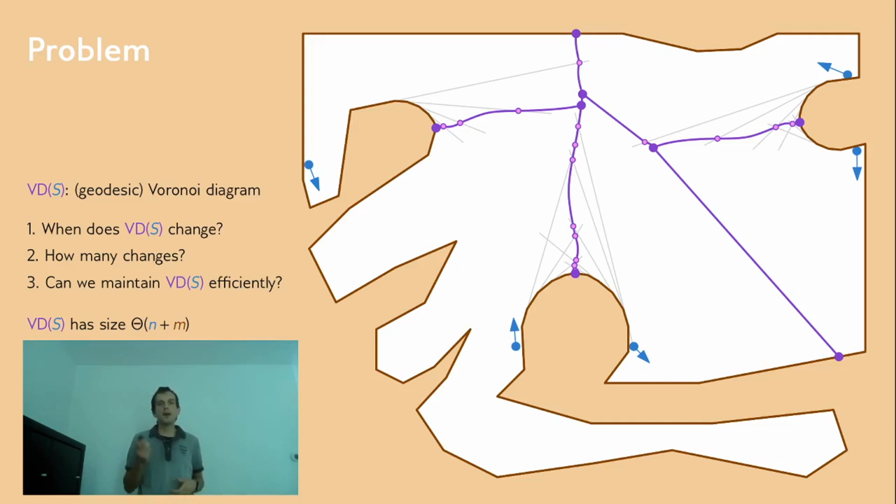In particular, there will be these vertices of the Voronoi diagram, in this case these pink vertices, like vertex v over there, that really depend on the complexity of the polygon.